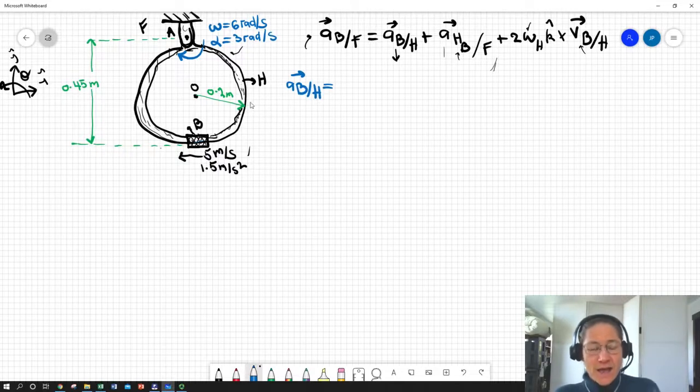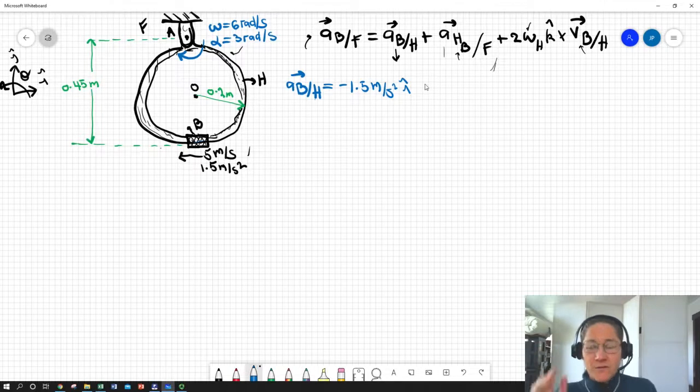Okay, tangential velocity in this case, or tangential acceleration, is in the negative i hat direction. So we have negative 1.5 meters per second squared i hat. And then, of course, because we're traveling in a curved path around that hoop, remember, the hoop's not moving from our point of view with reference to the hoop.